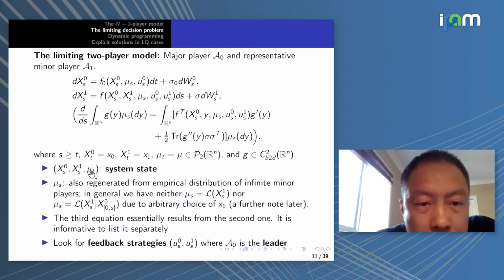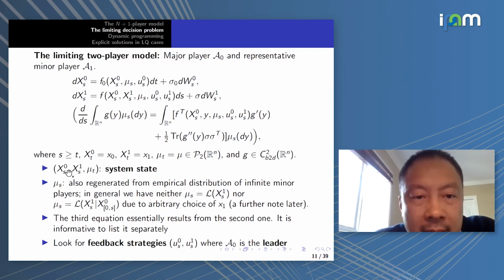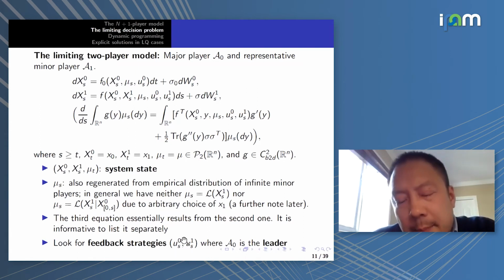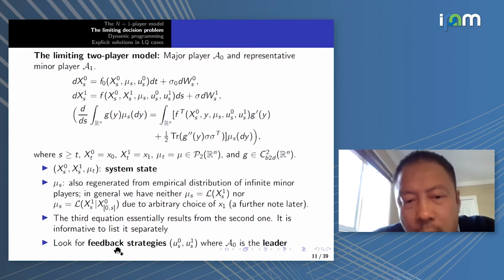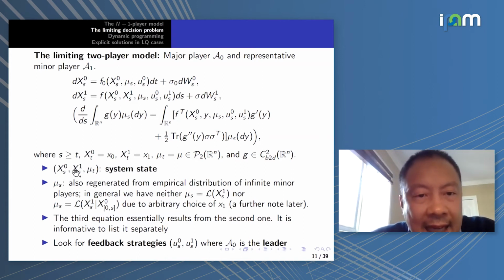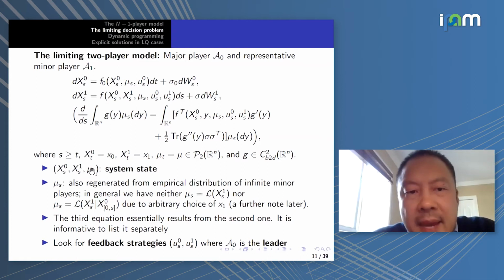This should be mu sub s, because s is for time, and t is selected as the initial time. So now the big question is how we can eventually work out the feedback strategies in terms of this kind of extended state space. The state space is extended by adding the mean field here.